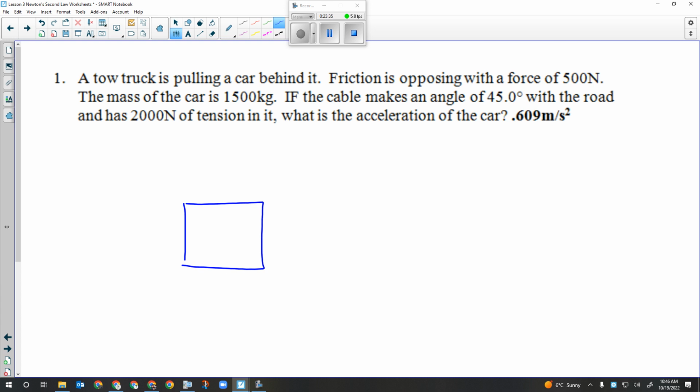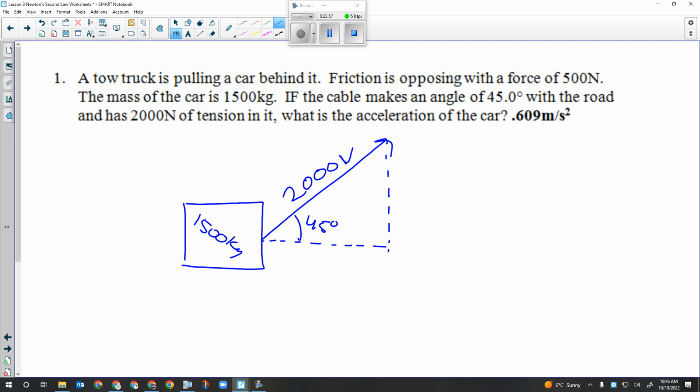The car is 1,500 kilograms, and the cable is attached to it and pulling this way at 45 degrees. This has 2,000 newtons of tension in it, and friction is opposing with 500 newtons.